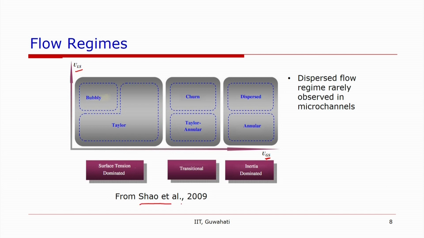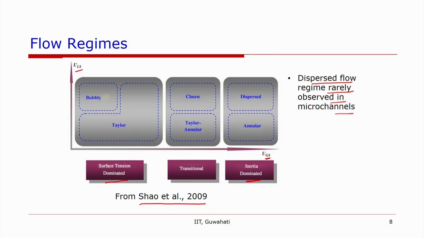Shaw and Gavrilidis have identified three regimes, one at low gas velocities where the surface tension is dominant and one gets bubbles, and the other where the inertia is dominant and one gets annular flow regime. The dispersed flow regime, even though they have included it, they suggest has rarely been observed in microchannels. And in between these flow regimes, there are Churn and Taylor-Annular flow regimes.